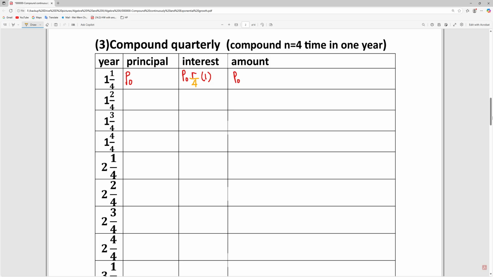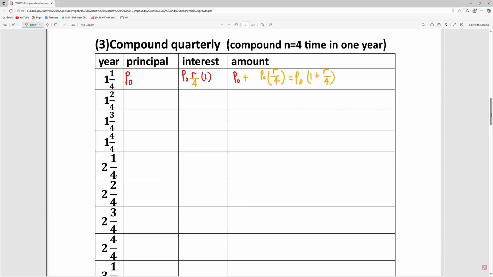And the interest, you still use 1 because this 1 means 1 time, okay? So you have P0 plus P0 R divided by 4. Okay. And we can pull out the common factor P0 and 1 plus R over 4.